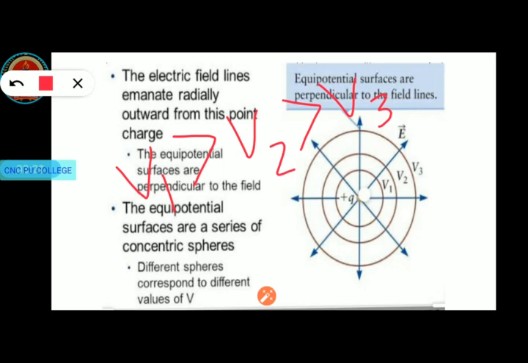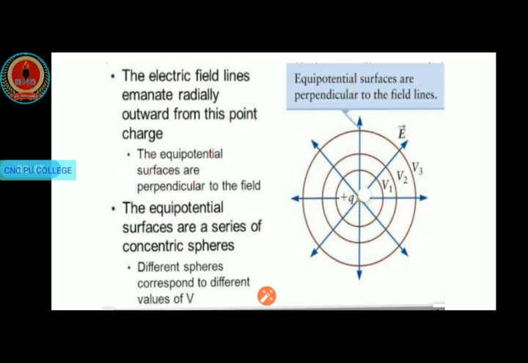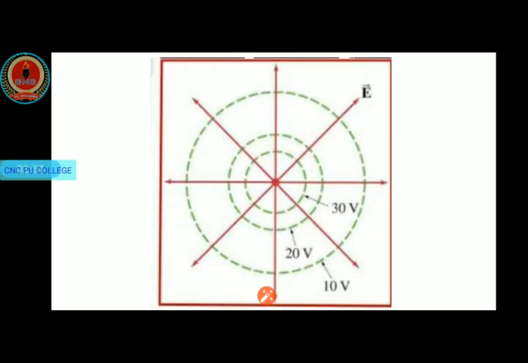We can relate that to the distance. As the distance is more, the potential is less. If the distance is less, the potential is more. The first concentric sphere, with potential V1, has more potential, and V3 is far away from the source charge, so its potential is less. So V1 is greater than V2, which is greater than V3. Here we can clearly observe the values of potential.